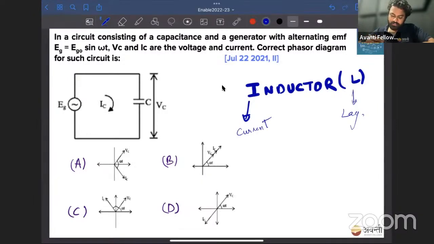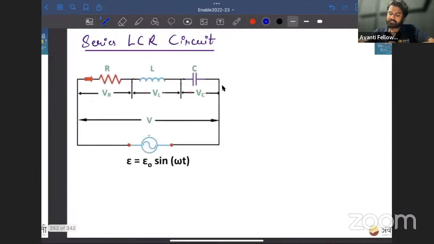So first option, current is clockwise, omega t lagging. B option, current is in phase with voltage. C option, current is anti-clockwise leading from voltage. So C option is absolutely correct. And here current is in opposite phase to voltage. Not possible. Okay. Simple question.